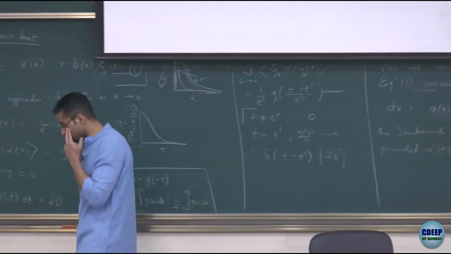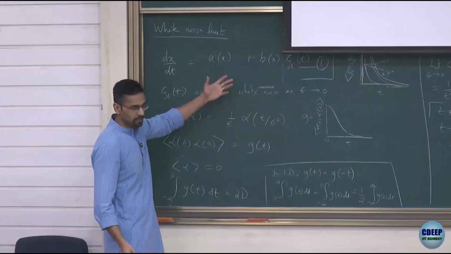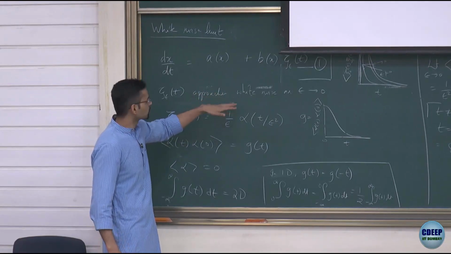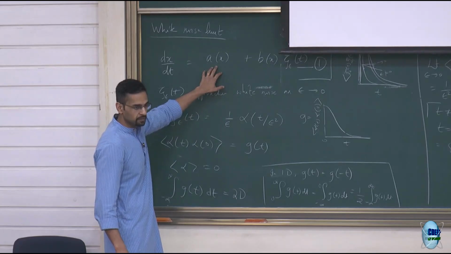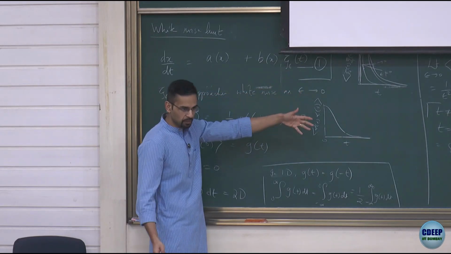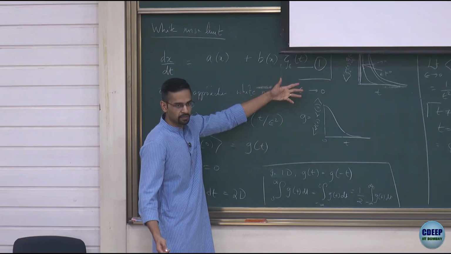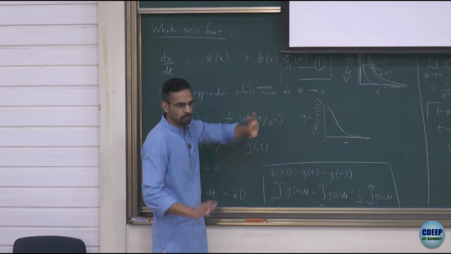But that's not a big restriction, because remember what we are trying to do is model the effect of some unknown rapidly fluctuating process on x. So as long as I say the forcing that I am introducing is a Markov process, that means I have some way of generating this zeta of epsilon, which is anyway something I have cooked up to add to the model.